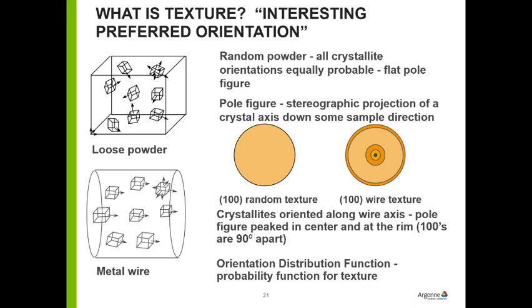If you have randomly oriented crystals, that means any particular direction is found at any kind of angle with respect to the sample, let's say in a loose powder.